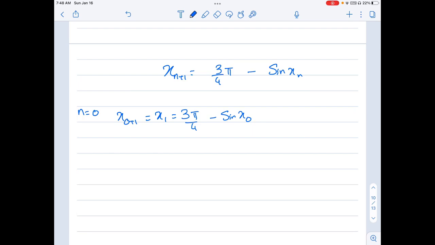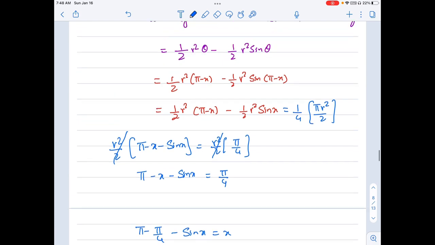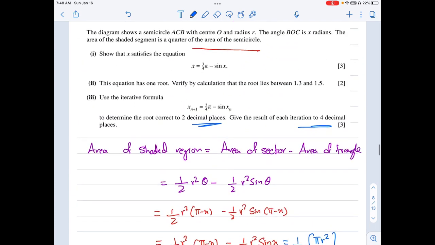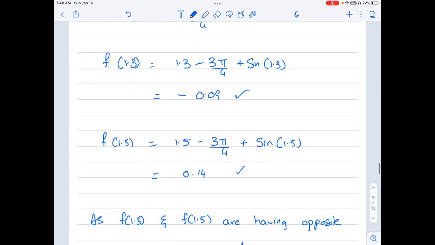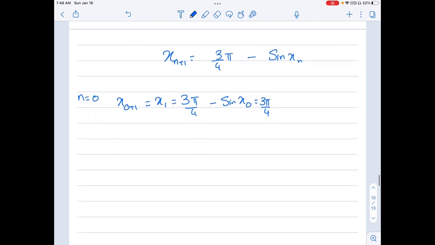So x0 value I take it as, has he given x0 value? Nothing. So we can take x0 value as anything. Just at random, I'll be taking x0 value as maybe 2. You can take any value of x0, it doesn't matter, it's going to come to the same.